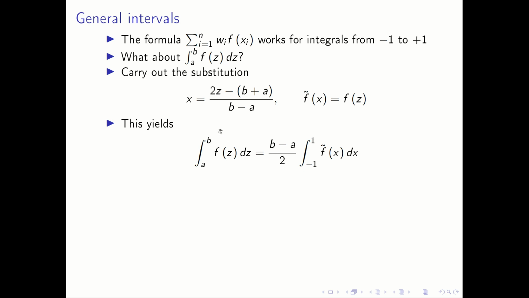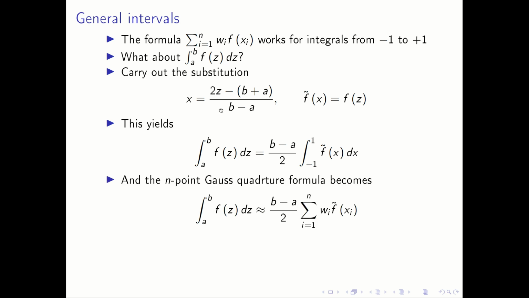And so, the integral from a to b of f(z) dz becomes the integral from -1 to +1, which are the limits of x, of f tilde(x) dx, with an additional factor of (b - a)/2, which comes from the fact that dx and dz are related by dx = 2/(b - a) dz.